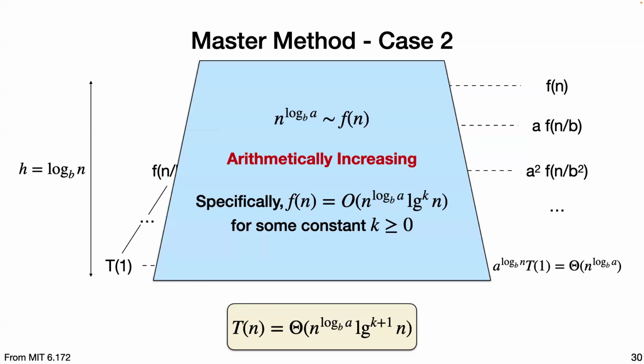The other case is if it's arithmetically increasing, so it's not increasing so dramatically. The number of leaves, n to the log base b of a, is similar to f(n), which is the work at each level. And that means you get a log factor in the work because you have log levels.